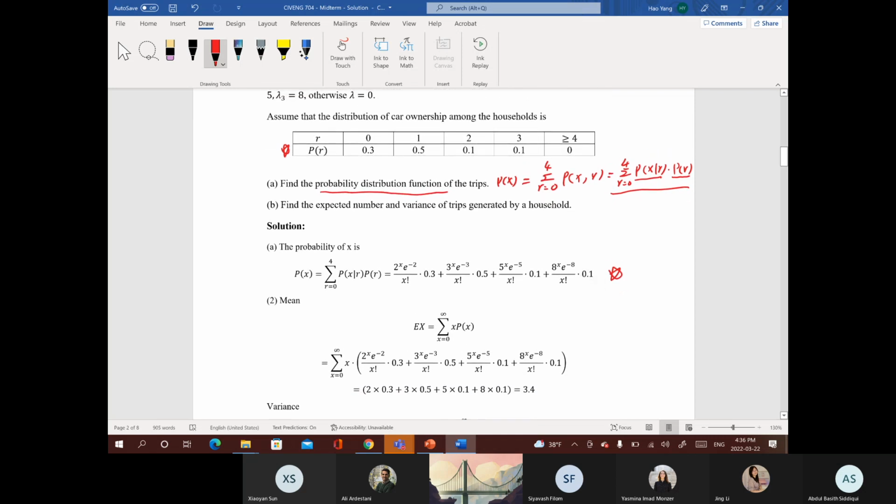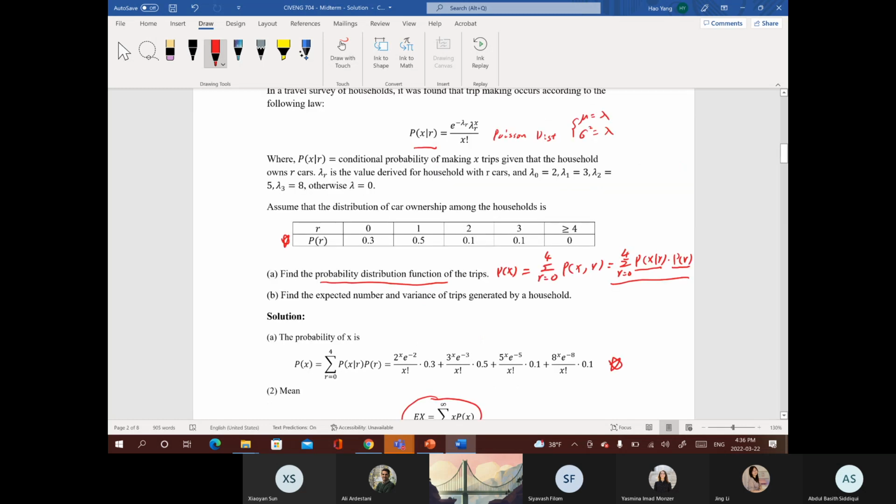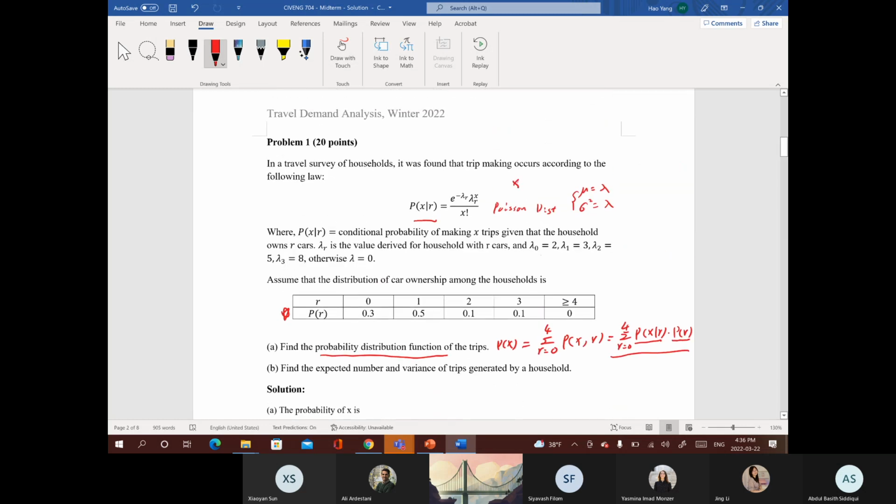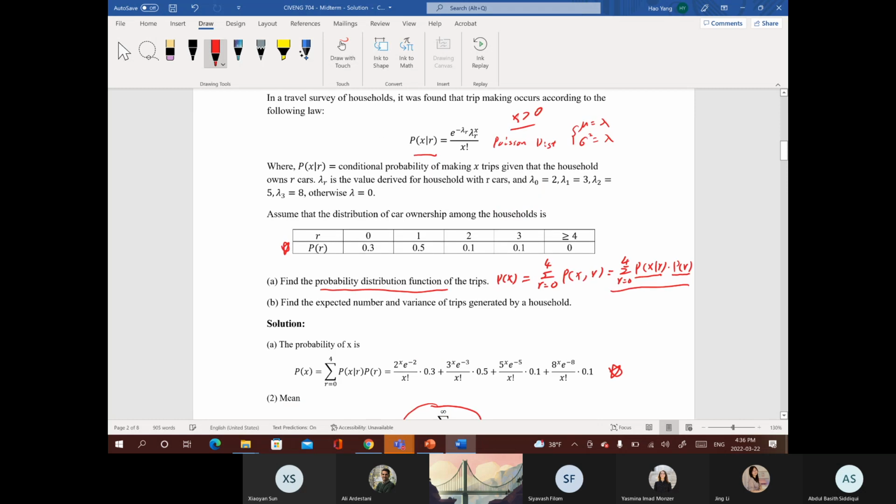For the second one, about the mean value of the distribution, we start with the definition of the mean. The expected value of x is the summation of x from 0 to infinity. For the Poisson distribution, x should be at least 0.